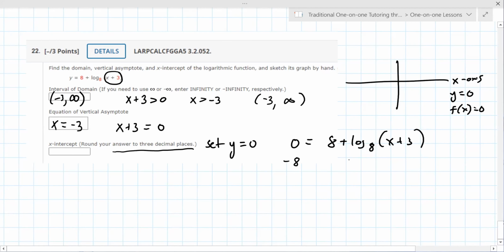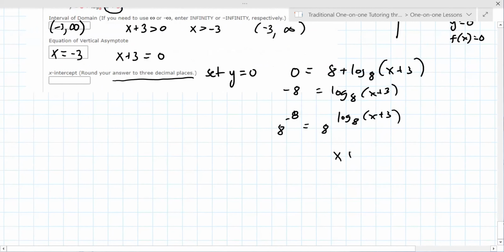So you subtract 8 from both sides, log base 8 of x plus 3 equals -8. To undo the log, it's 8 to the log base 8 of x plus 3, equals 8 to the -8. That gives you kind of that small exponent here. On the right, it just becomes the x plus 3. So your x is 8 to the -8 minus 3. I'm guessing it's 3.00. No, I'm sorry, -3. Subtract 3 there. It's got to be really close to -3.